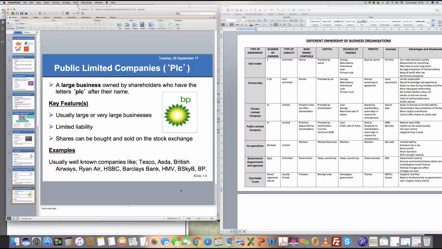So here the key difference is that the company's size and scale is huge. There are lots of owners, and the owners in this case are people who have shareholding within the company. So even if you have one share of Tesco, you are considered a shareholder of that company. So the term public limited is used when we see a business which is usually large or a very large business.